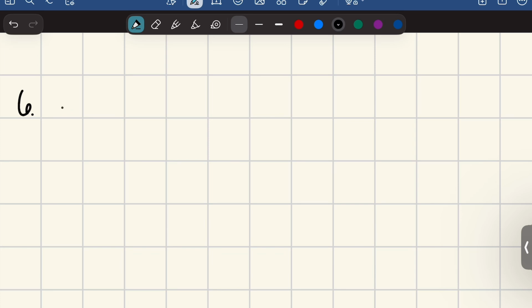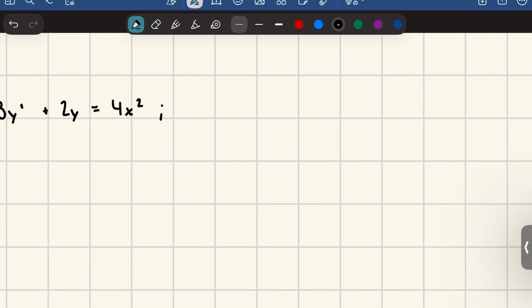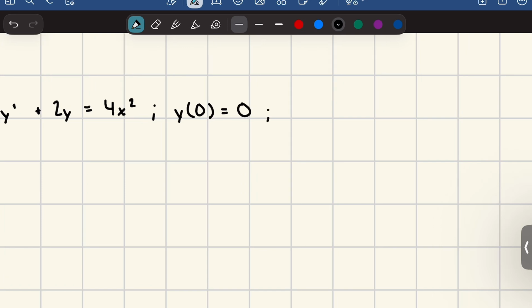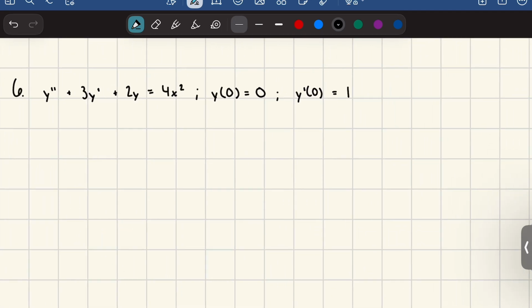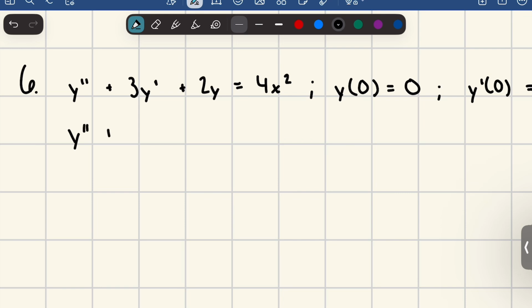The problem is y double prime plus 3y prime plus 2y equals 4x squared, with y of 0 equals 0 and y prime of 0 equals 1. I'll do the easy work first.